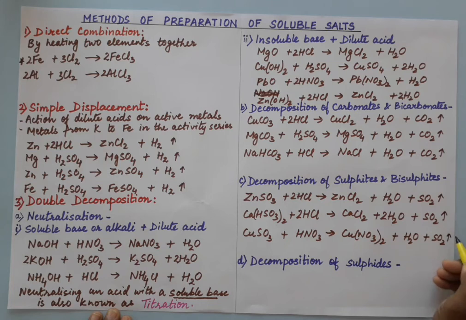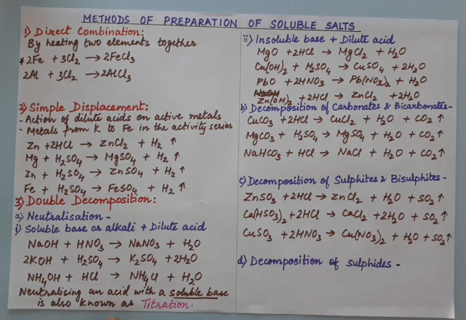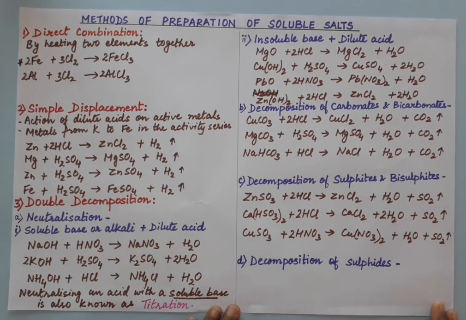Now sulfur dioxide turns orange potassium dichromate green, and pink permanganate turns colorless, right. So these are the tests of carbon dioxide and sulfur dioxide, which I told you just now. Now decomposition of sulfides.